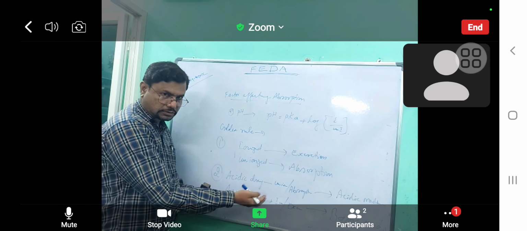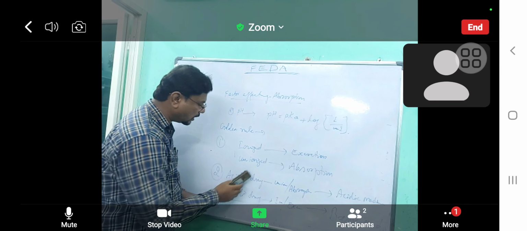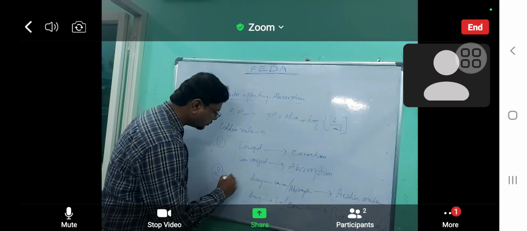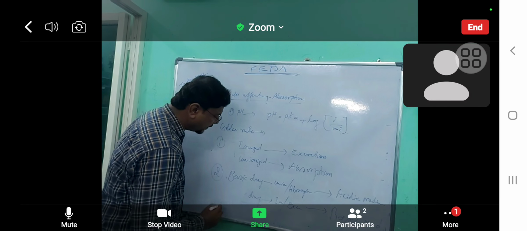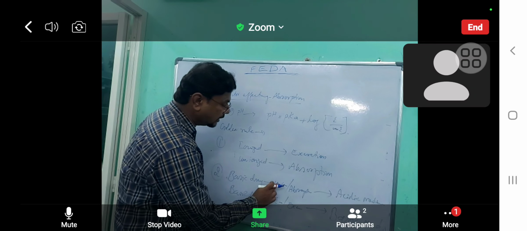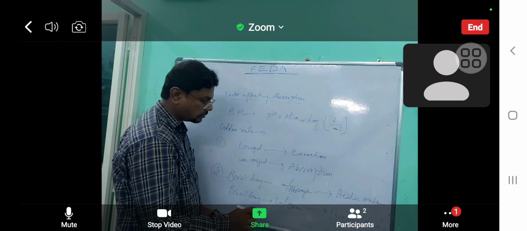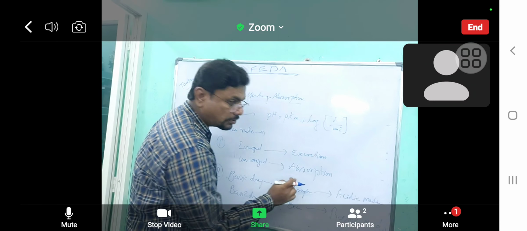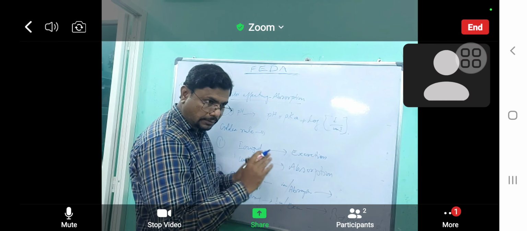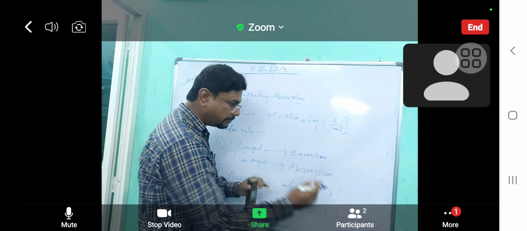Likewise, the opposite of this. If it is a basic drug, and it is unionized, it gets absorbed in which medium? Basic medium, because acidic likes acidic, basic likes basic.